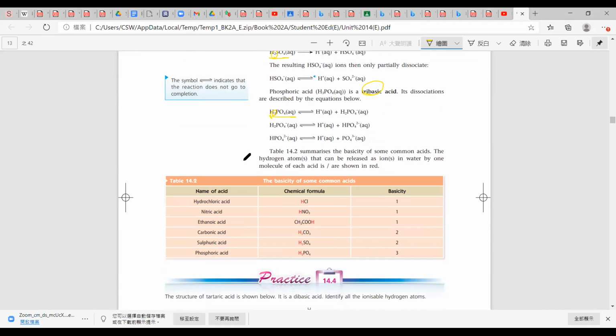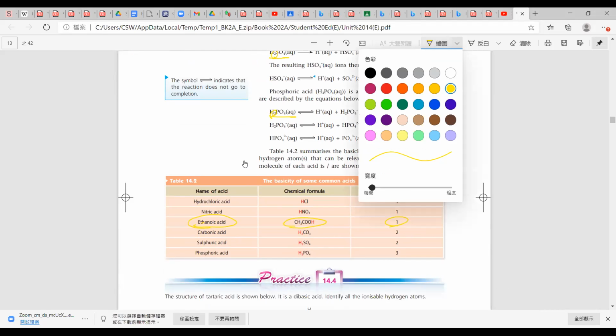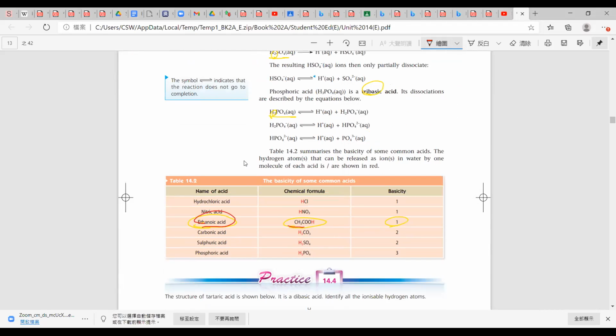Can you get the point? So simply speaking, the whole case will be separated into 2 parts. For ethanoic acid, it is an organic acid. This is somewhat very special. For organic acid, you are going to check the number of COOH groups, and you will know the basicity.